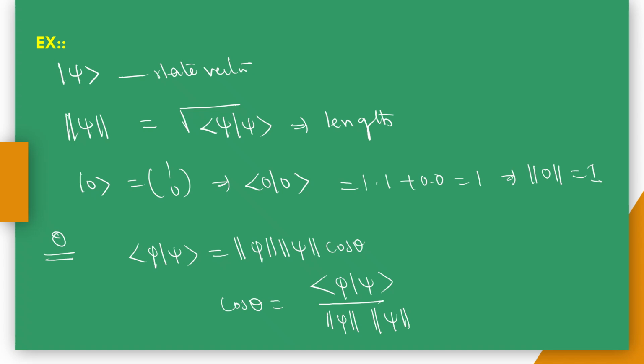If theta is 0, both are similar. If theta is 90, then both states are completely different. We call this the orthogonality condition. And as discussed, completeness means every Cauchy sequence of vectors in the space converges to a vector that also lies within the same space.